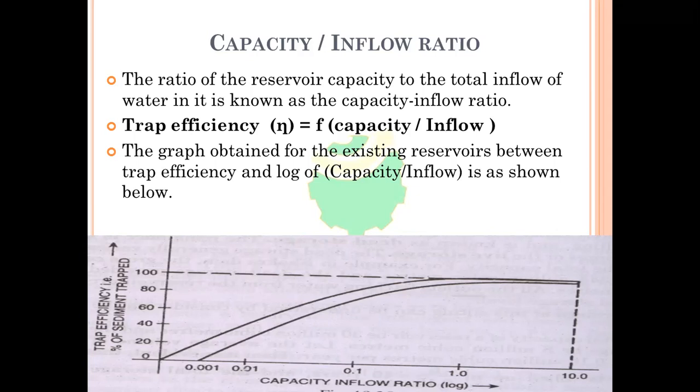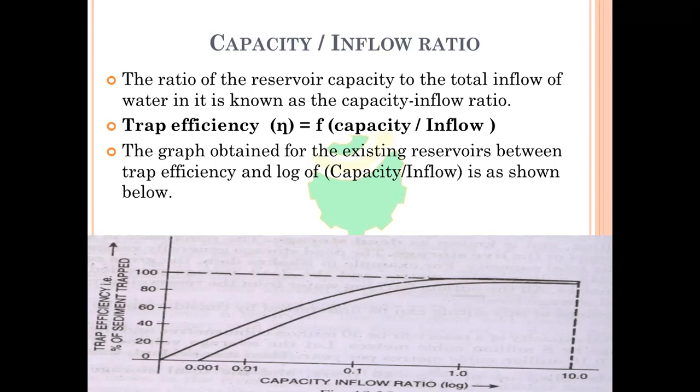For example, the initial reservoir capacity is say 100 TMC and the annual inflow is say 10 TMC of water. So 100 by 10 equals 10 is the capacity inflow ratio.